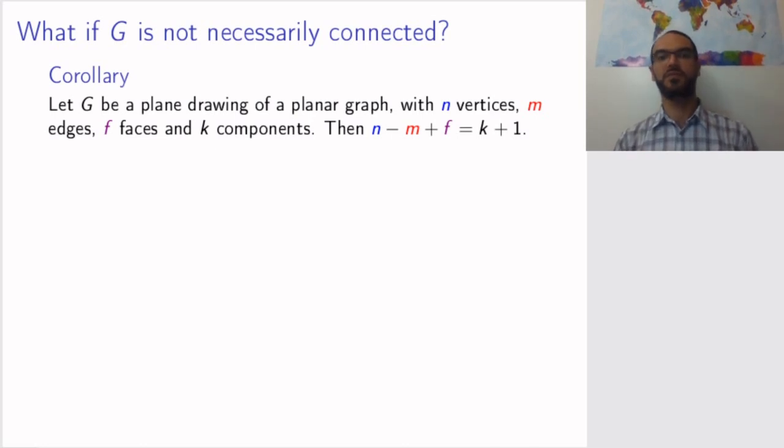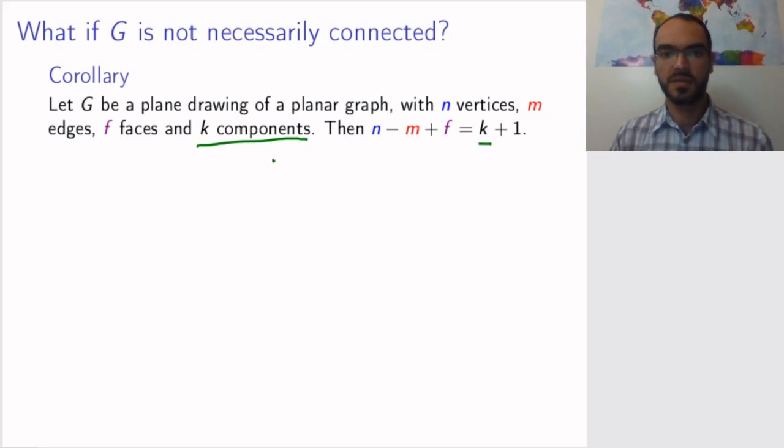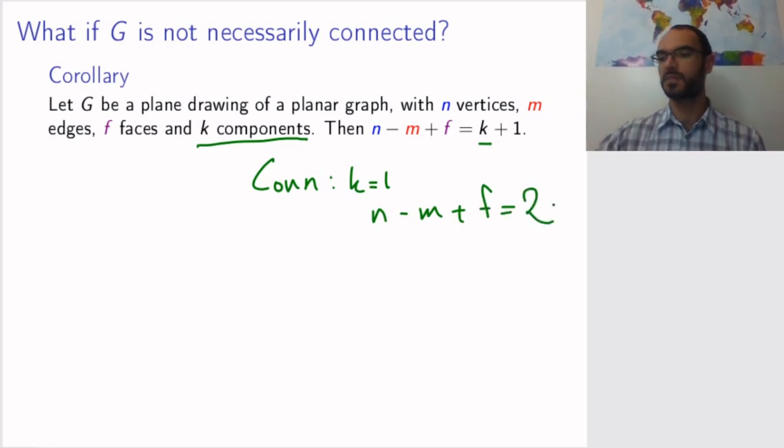If you have a plane drawing of a planar graph, now not assumed to be connected, then the number of vertices minus the number of edges plus the number of faces is equal to k plus 1, where k is the number of components. So in the connected case, k was equal to 1, because a connected graph has one component, and we get back our n minus m plus f equals 1 plus 1, which is 2.